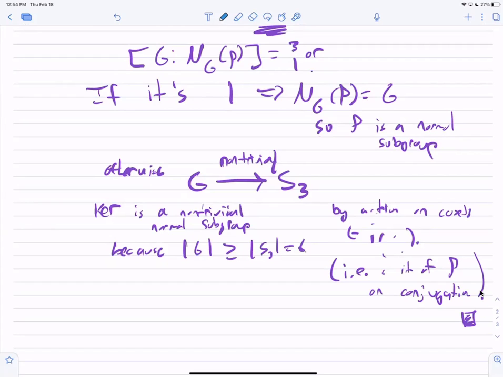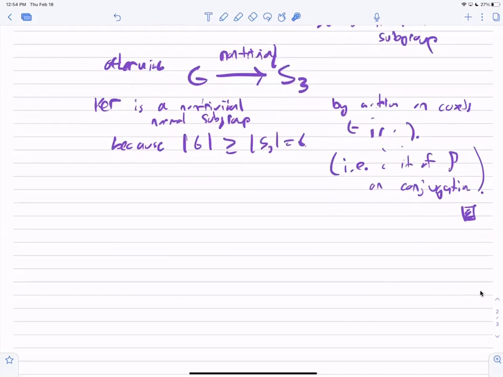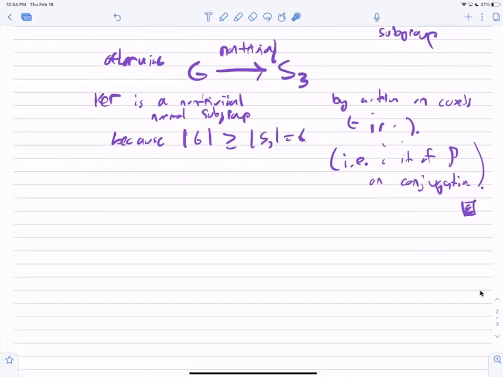And so in this case, the normalizer itself will actually be the kernel of this map. Okay, great. Any other questions?